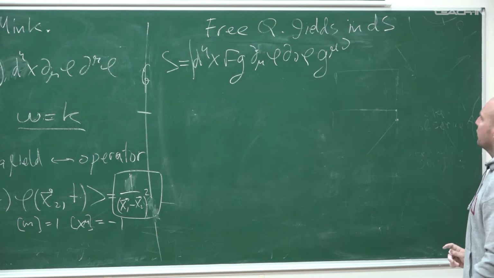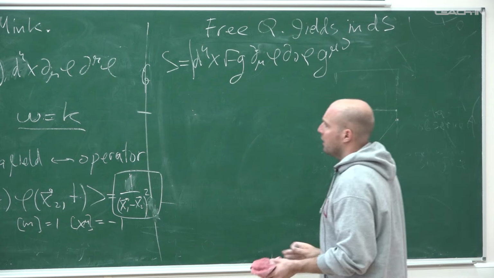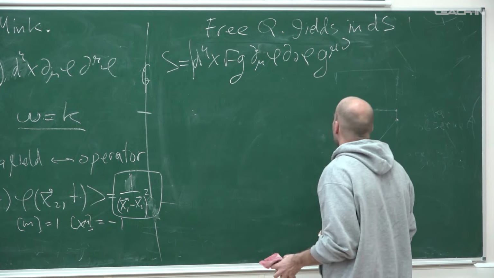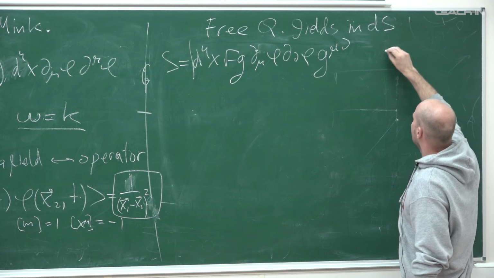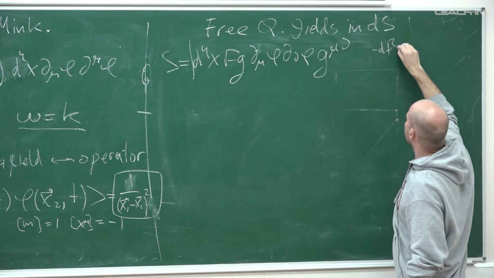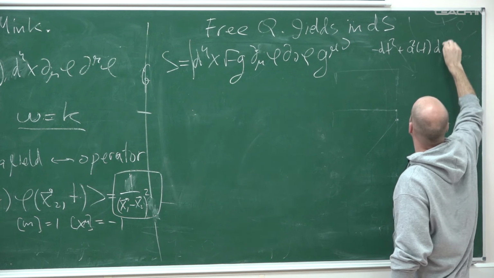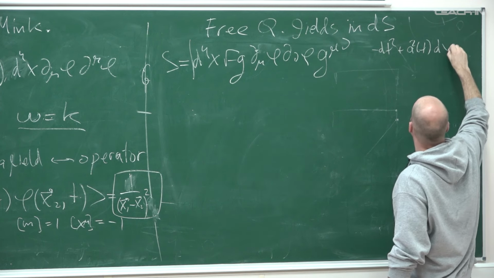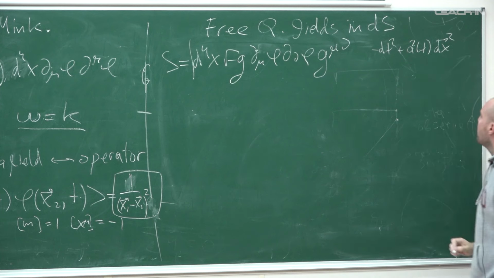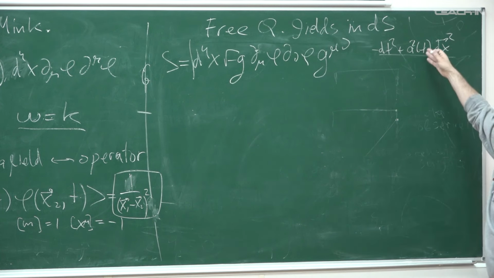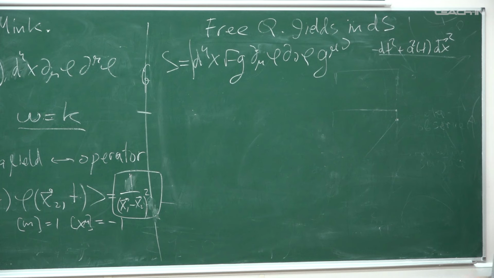Okay, so now let's open it up. Let's say we have our metric, which is minus dt squared plus a squared of t, and let me do flat slicing, dx squared. And this a is an exponential, but we'll do that later.